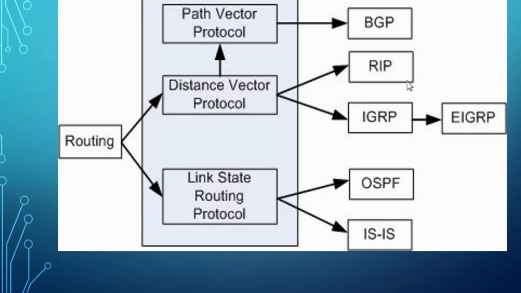From the link state protocols, we have two options, two flavors, OSPF and IS-IS. No, IS-IS doesn't stand for the terrorist group, guys. But we are going to be focused on OSPF and EIGRP. Got it? Yes.